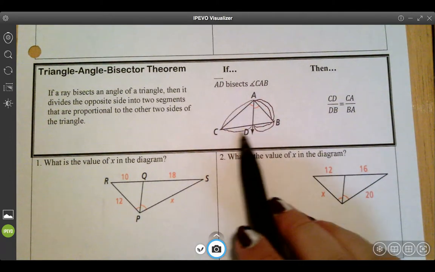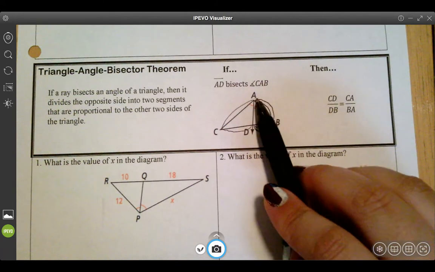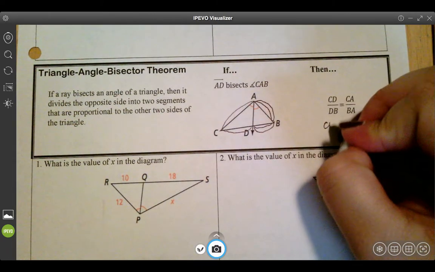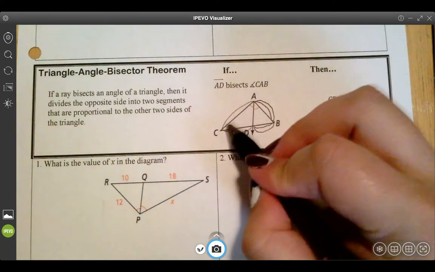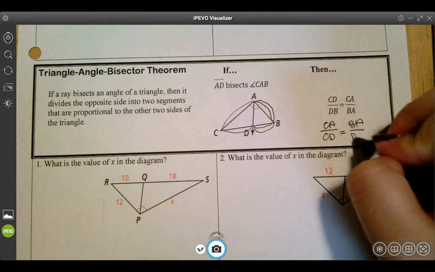So we have CD over DB equals CA over BA, or a second way that we can write that, we can say CA over CD equals BA over DB.